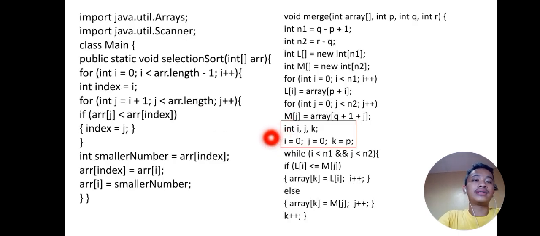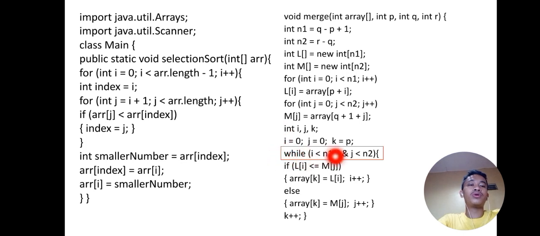So next it will perform this code. It will initialize the values of i, j, and k. i has a value of 0, j has a value of 0, and k has a value of p. So next it will perform our conditional statement right here, the while. If the condition is true, it will perform this code.